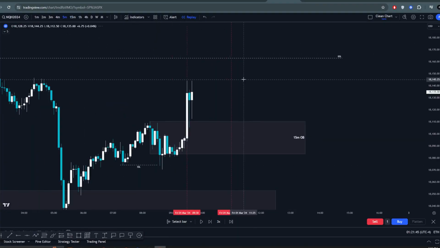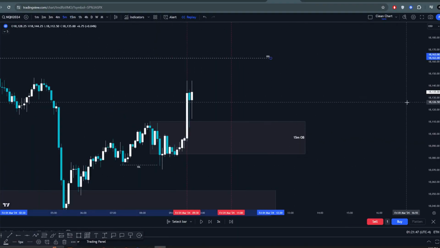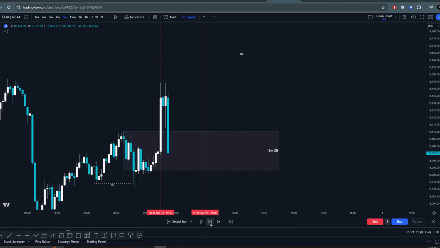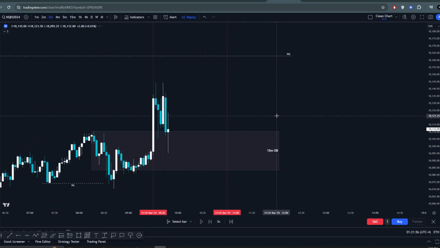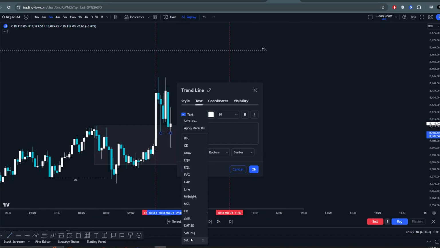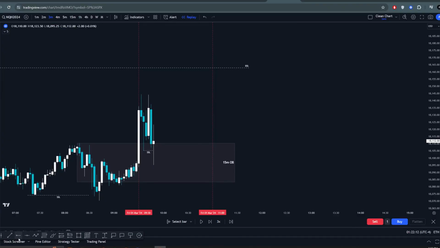Let's try to go into the 5-minute time frame to see more price action. As we can see, price went down. Let's look into the lower time frame. Maybe we have taken out sell-side liquidity, and yes, we have. Right here, we have a sell-side liquidity taken. Now we wait for a market structure shift right here.